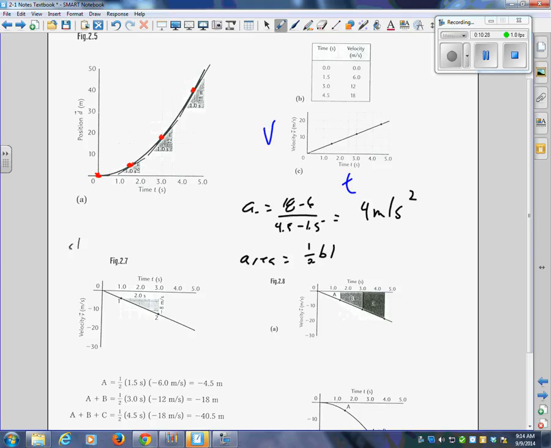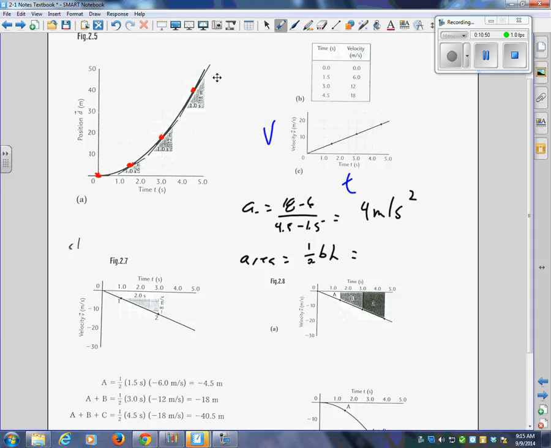1/2 the base times the height. 1/2 the base from 0 to, now should we go to 5 or should we go, what do you think? We should probably go to that first data point, right? Are we going to get the same result? I guess it really depends on what they want to know, right? They're using 3.5 in this case here, 2.6.